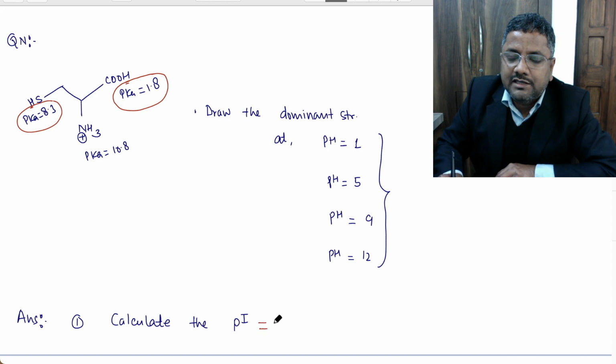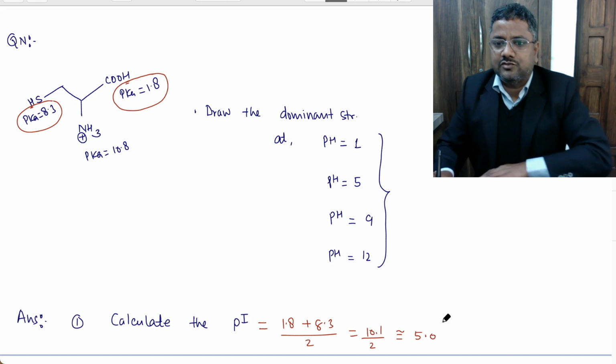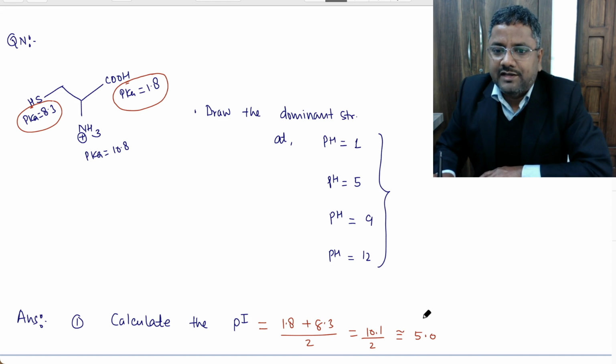The pI is equal to 1.8 plus 8.3 by 2, the average of these two. So 10.1 by 2, which is about 5.05. So pI is 5.